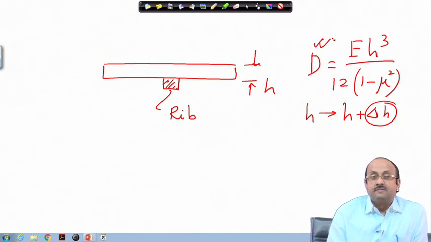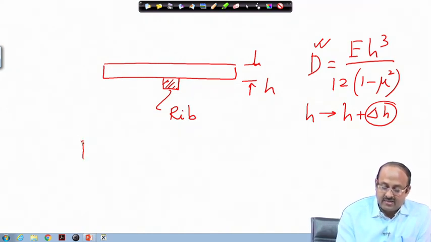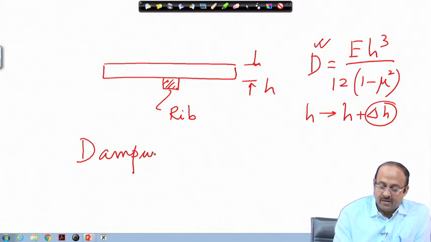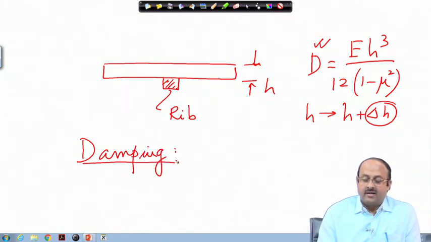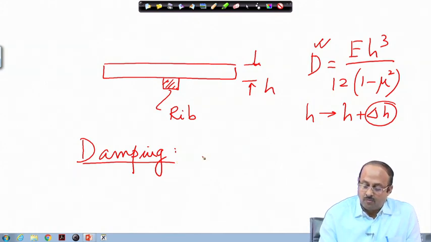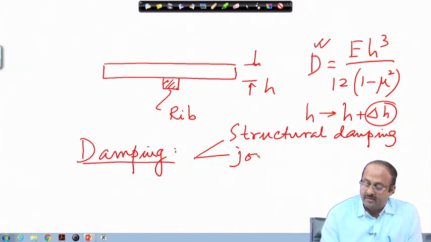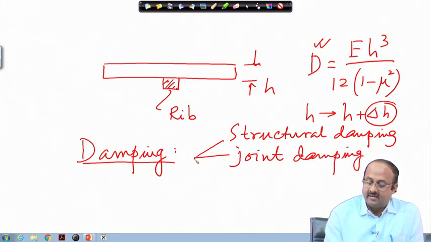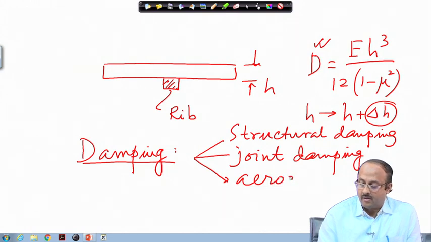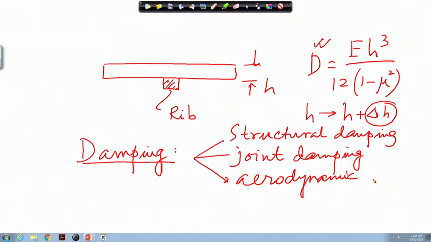The second technique, which is very important, is increasing the damping. Now, there are many sources of damping in the structure. One is the inherent structural damping, material damping. There may be joint damping, and there may be aerodynamic damping, which occurs when there is some kind of wind circulation around the structure.